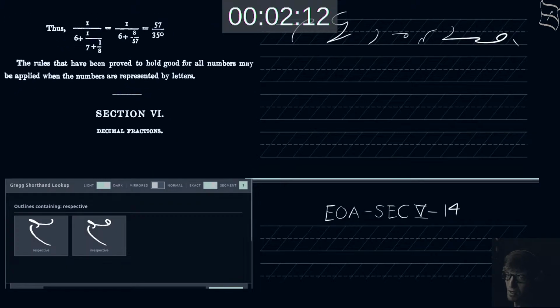So look at that. With 2 minutes left to spare, we have the final statement, which is the rules that have been proved to hold good.